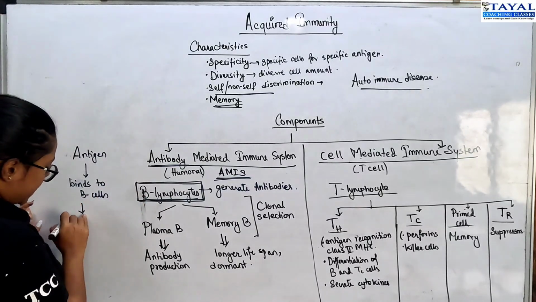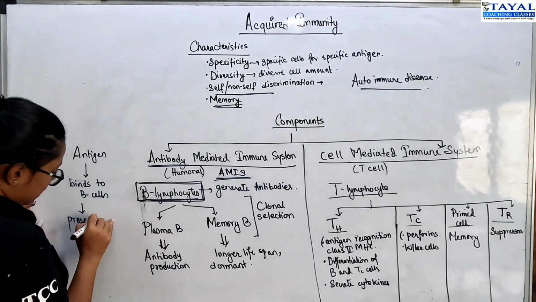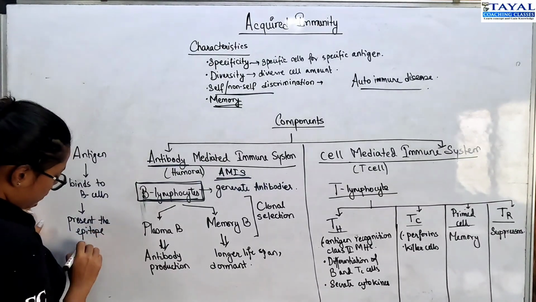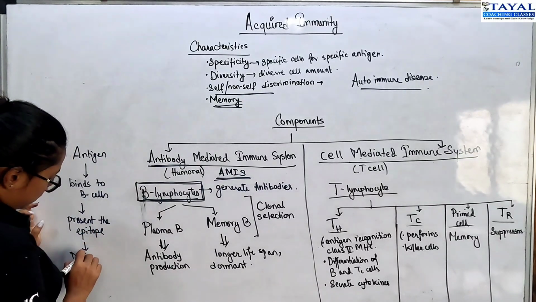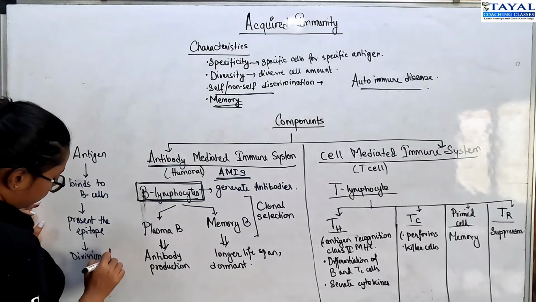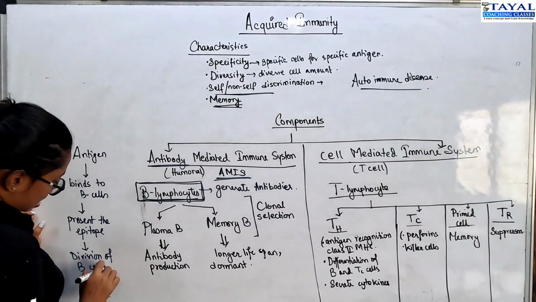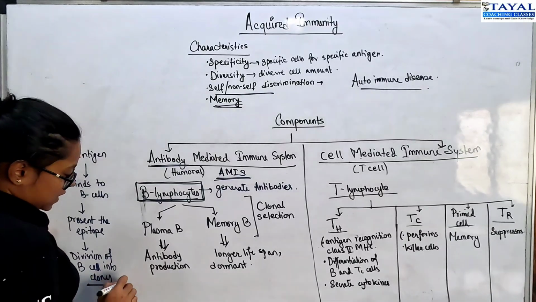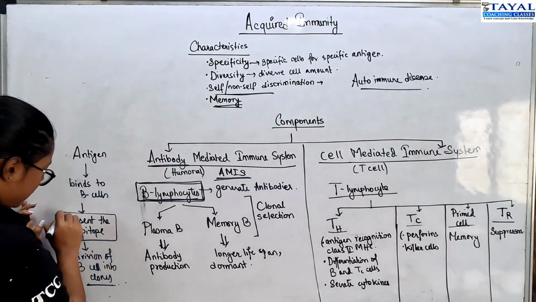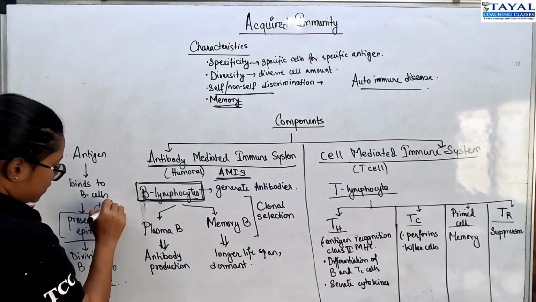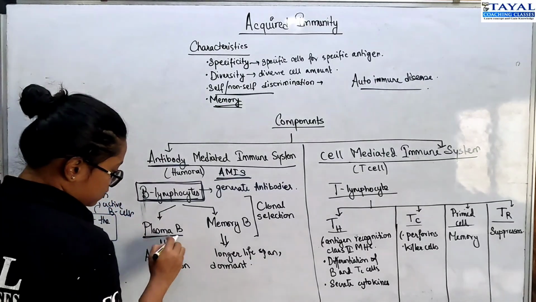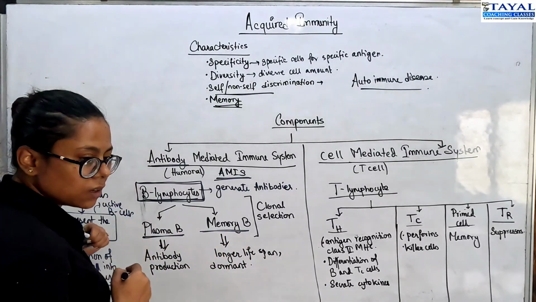The B cells present that epitope, and this leads to rapid division of the B cell into clones. Now what are these clones? These active B cells will divide into B plasma and B memory.